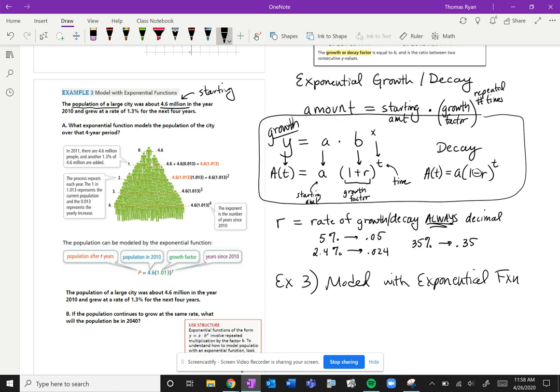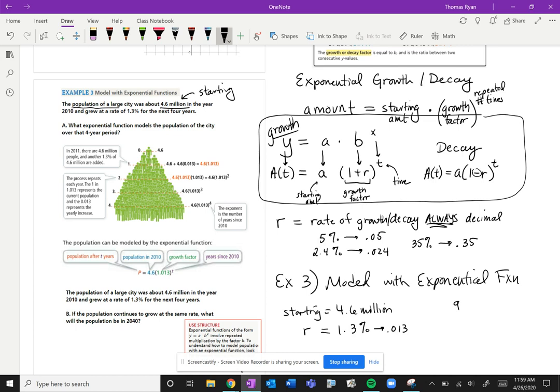All right, so the starting value was 4.6 million, in the year 2010, and it grew at a rate of 1.3%. So our growth rate is 1.3%, which we know we need to use 0.013.